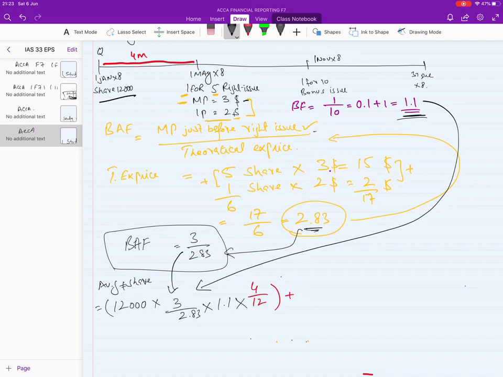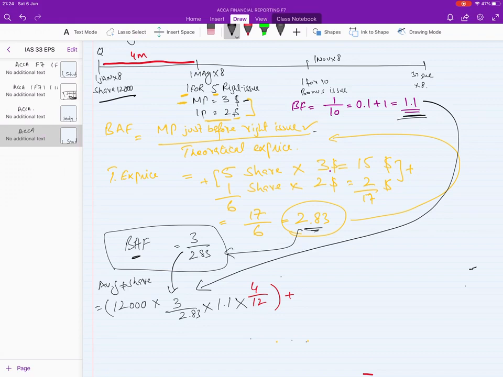So how many rights issue shares? Just load the number of shares, but do not load the BAF, because we only take effect till that day, because on that day you receive the cash for the rights issue. So from that day you must have utilized that cash, so you do not need to take the effect for the rights issue. You just load the number of shares.